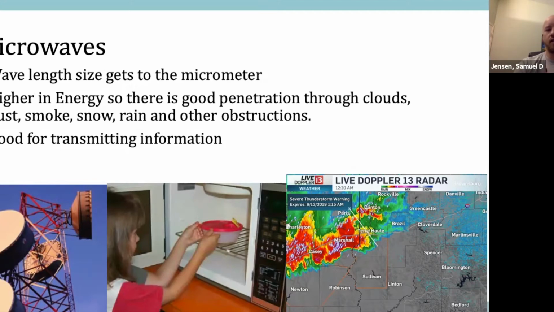You'll notice weather is a common theme here in how we can use parts of the electromagnetic spectrum. We get decent penetration through clouds and dust and smoke with different parts of the electromagnetic spectrum. With visible light we can't penetrate clouds, but other parts of the spectrum see right through those objects.